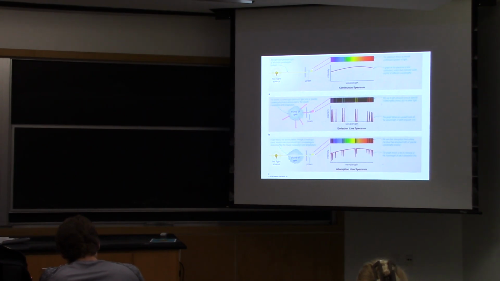So first of all, we have what are called Kirchhoff's laws. You may not have seen them as Kirchhoff's laws per se, but they're kind of the rules that spectra follow, the different kinds of spectra that we might see.